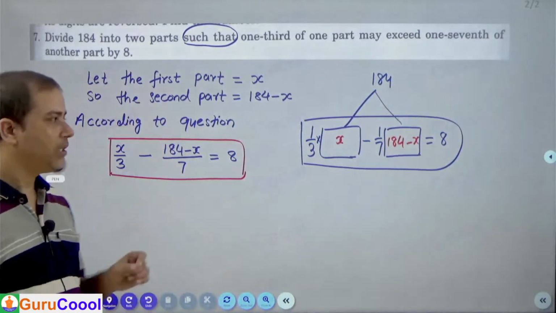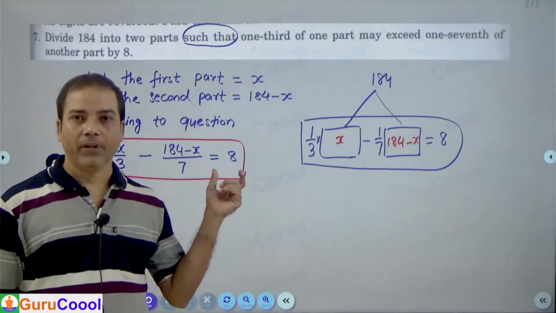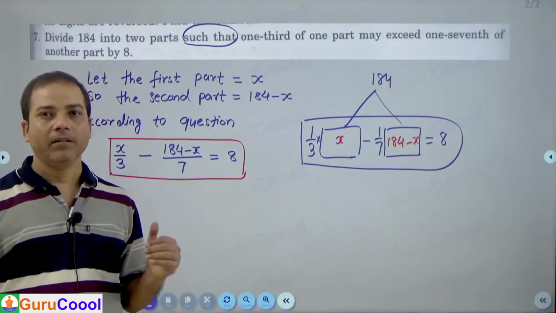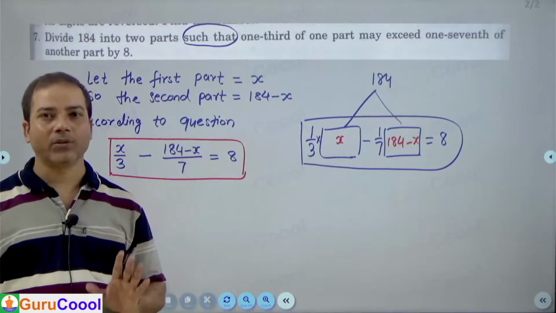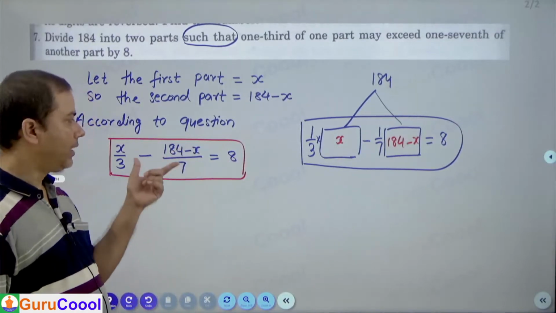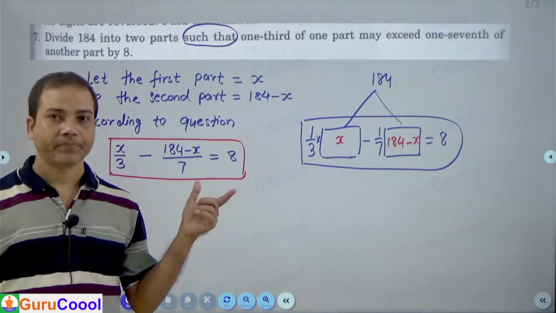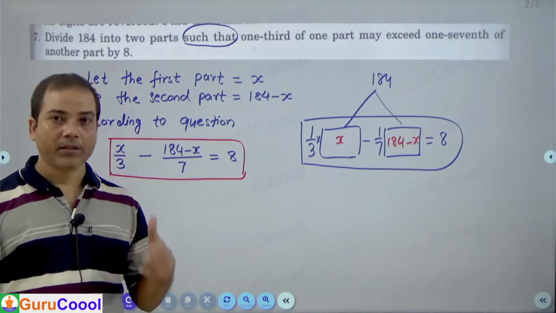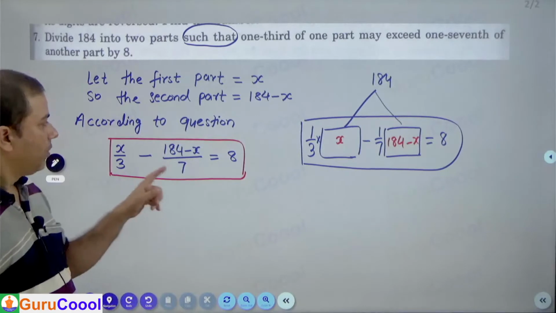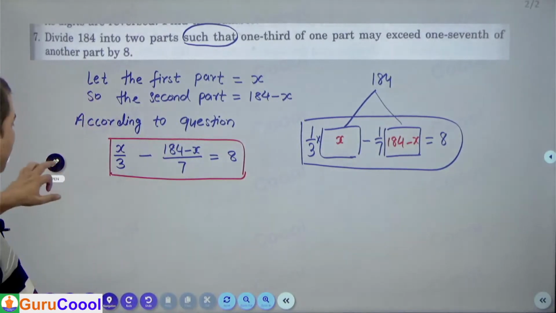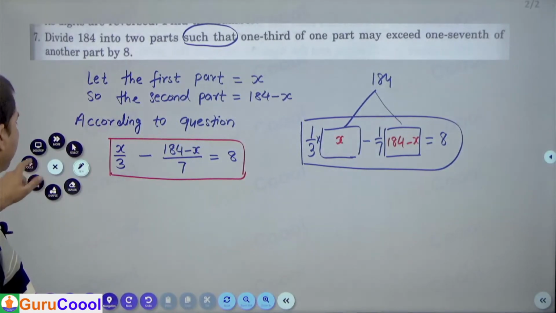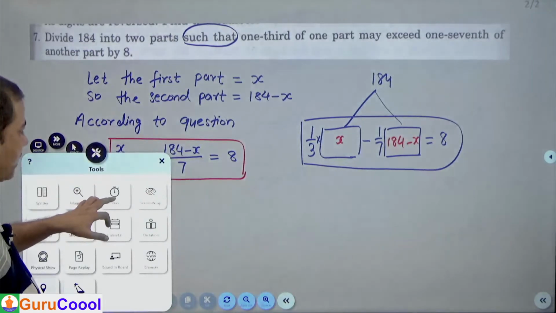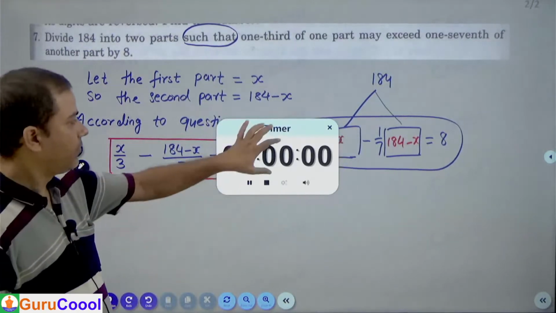If the equation is set up, then many students can solve it. But setting up the equation is a big challenge. This is what you need to learn. Okay, now take some time and try to solve it. Take a few seconds. I'll wait for you.